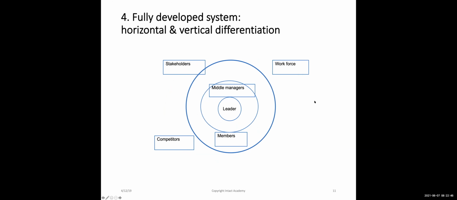What happens as well is that these team leaders who up till then have been managing kind of generalists, now, apart from this vertical differentiation, we also get more clear horizontal differentiation. So that means that the members start to get specialized in different ways of being and doing in different roles.